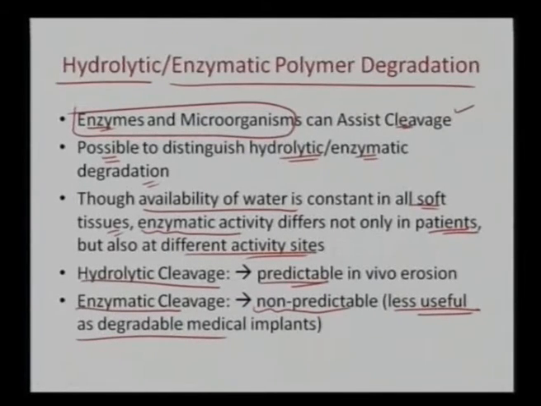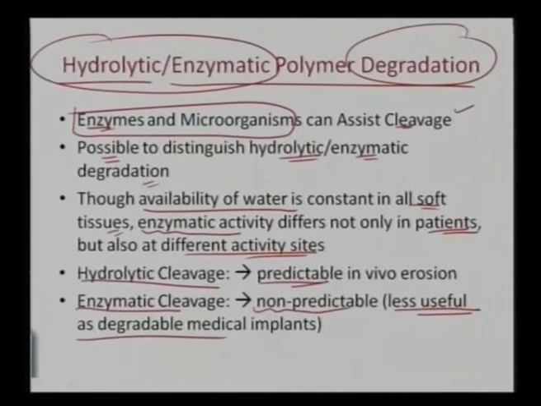So again, we can see the degradation can occur either via hydrolytic or enzymatic conditions. Hydrolytic degradation is very predictable, because the water content is very similar in cells and even in different patients, whereas the enzymatic activity differs very drastically in cells or in different patients.